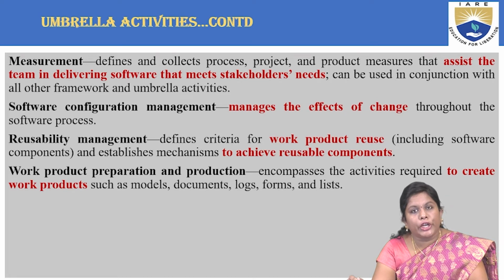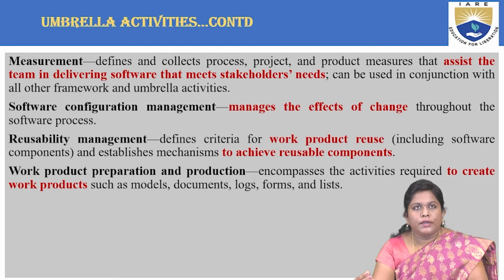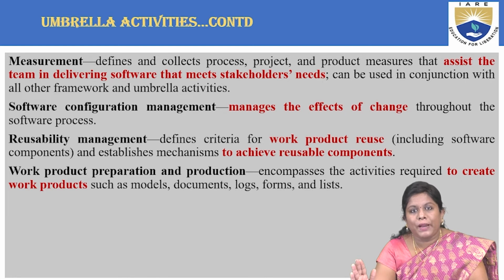The next one is reusability management. The term itself says you have the chance of reusing. So what does it define? Define criteria for work product reuse. That is, you should not be very specific that the plan is this and I will have to go with the plan only.